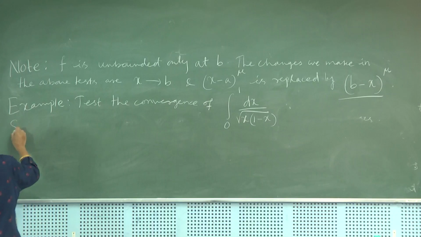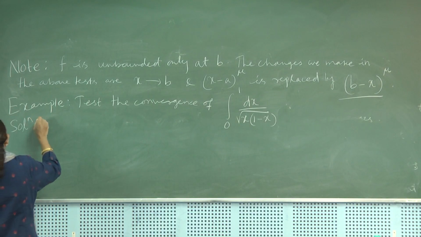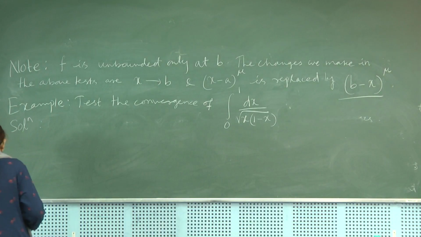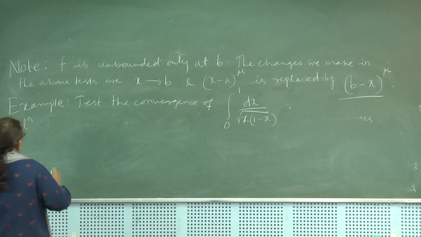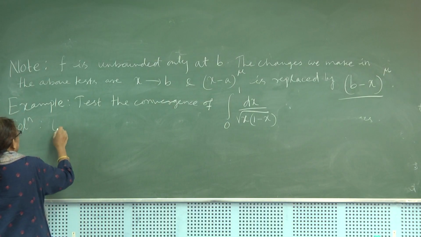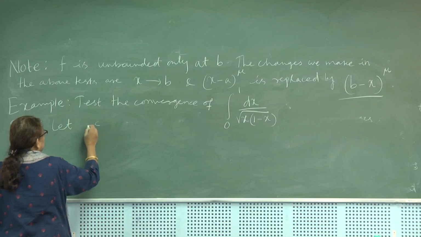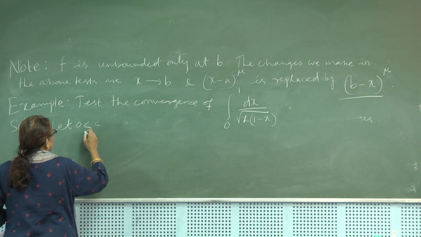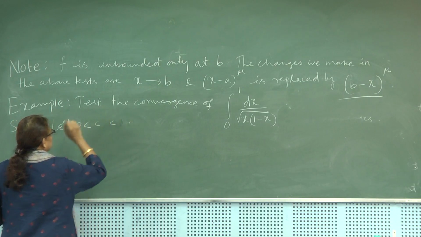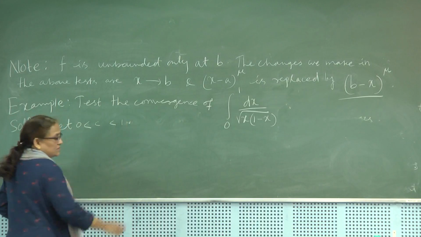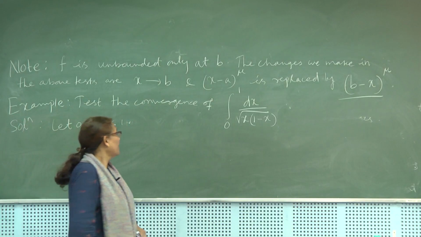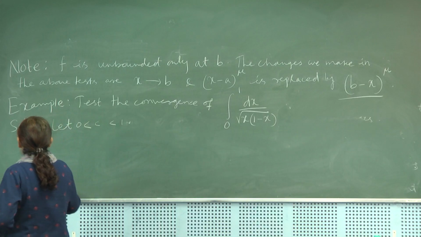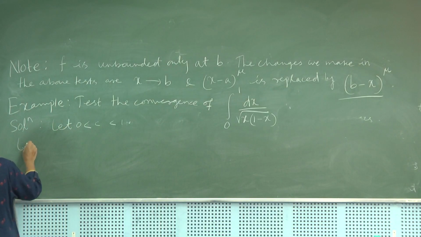So, look at this. Let c be a number lying in the interval 0 and 1, and consider these two improper integrals.